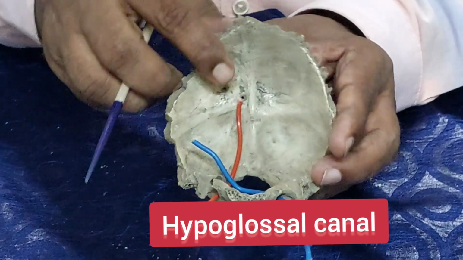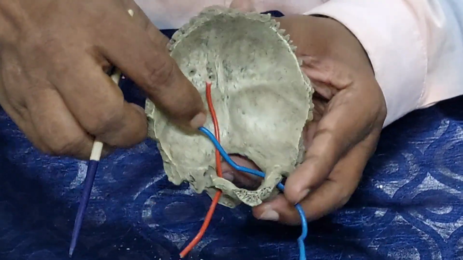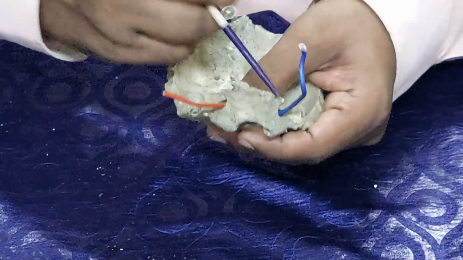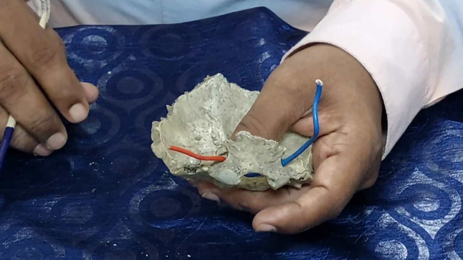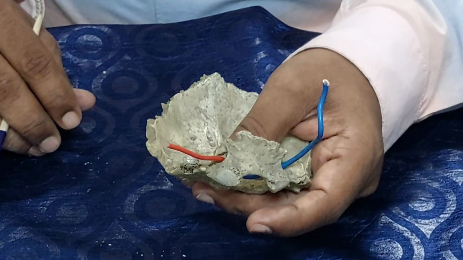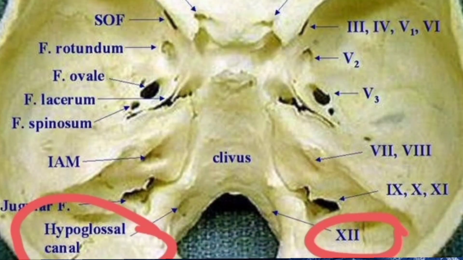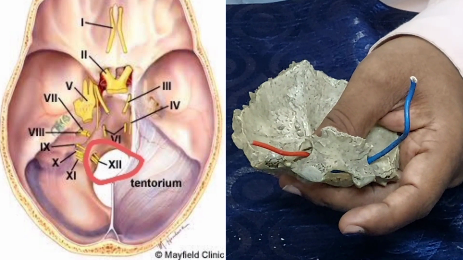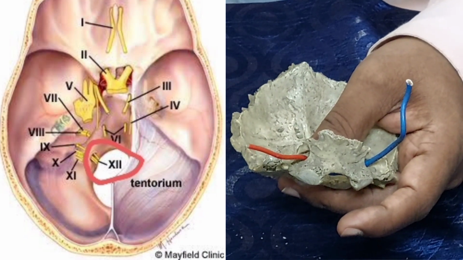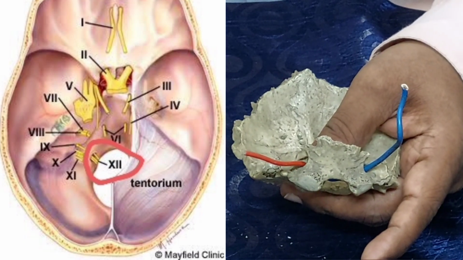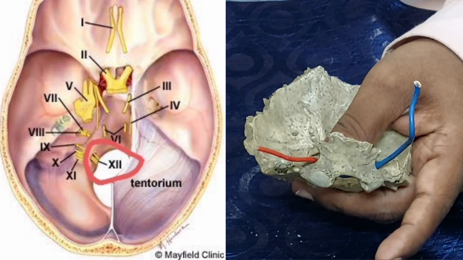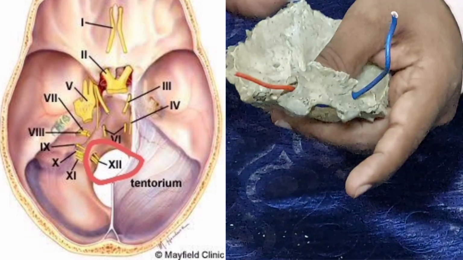Both are the anterior condylar canal or hypoglossal canal. Through this pass mainly the hypoglossal nerve or 12th cranial nerve, and besides it, other structures are the meningeal branch of the ascending pharyngeal artery and an emissary vein which connects the intracranial basilar venous plexus with the extracranial part of the internal jugular vein.